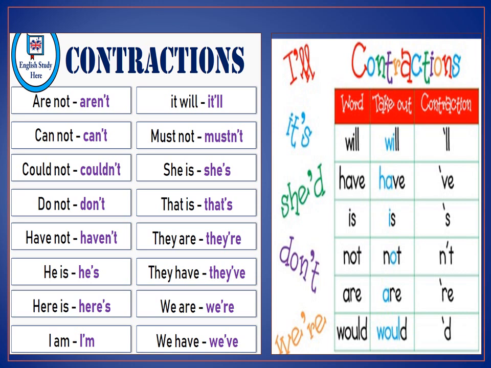If you look at the right picture, the light blue letters are removed and an apostrophe is placed to make a contracted word. Will, W-I is removed and an apostrophe is placed. It will be 'll. Have, H-A is removed and an apostrophe is placed. That becomes a contraction. So apostrophe in this lesson is used to shorten the words.